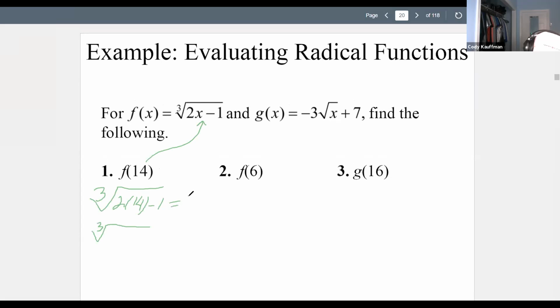Gives us 27 on the inside. What's another way to represent the number 27? 3 cubed. Excellent. What do you notice about the index and the exponent?